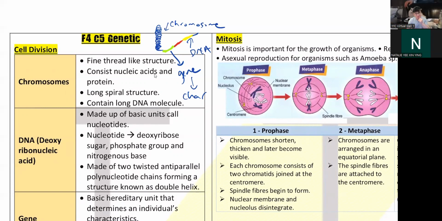This is why your gene is your basic setting. It's like an instruction manual on how to build your body. Let's say your body is a machine.